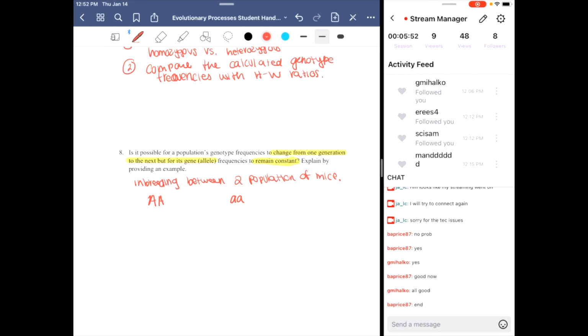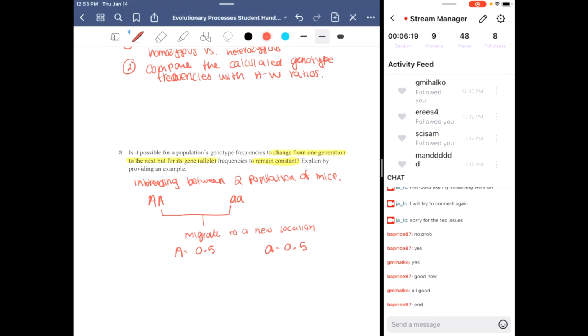And if an equal number of these guys migrate to a new location, then the frequency of the big A allele is going to be 0.5, and the frequency of the little a allele will be 0.5 as well in the new population.